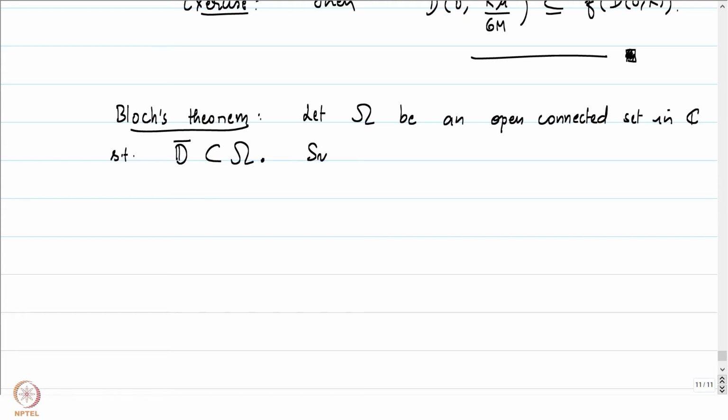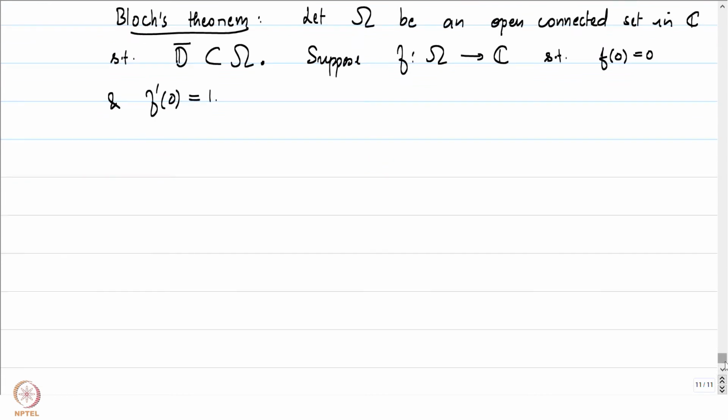And suppose f is some function from omega to C such that f of 0 is equal to 0 and f prime of 0 is equal to 1. Then the conclusion tells us that there exists a disk.